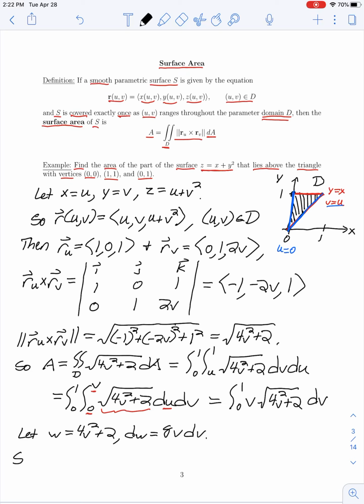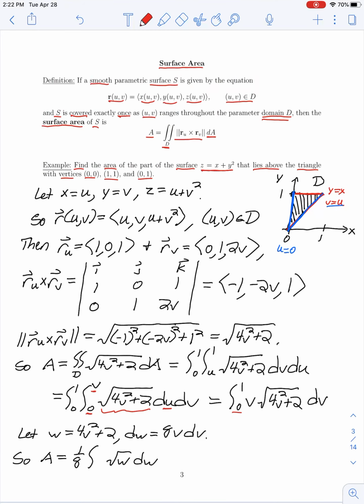So rewriting our integral for surface area in terms of w, we have 1/8 the integral of the square root of w dw, and let's change our limits of integration here.